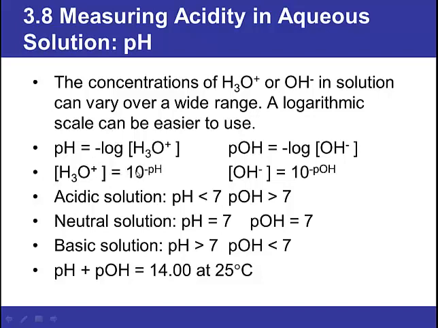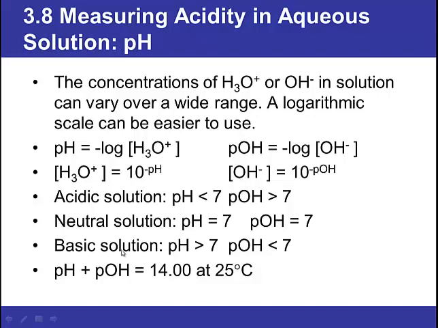So that's just altering the way we're looking at our log scale so that we can solve for either one of these depending upon what we know. We can calculate pH if we know the concentration of the hydronium ions, and we can calculate the concentration of hydronium ions if we know the pH.